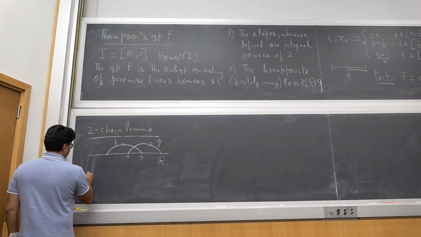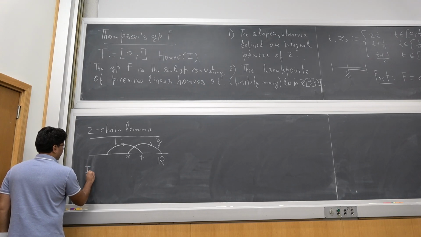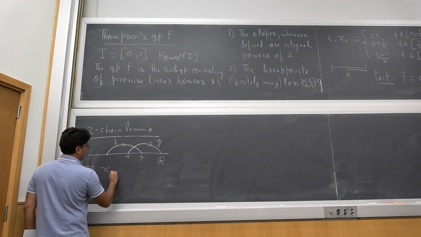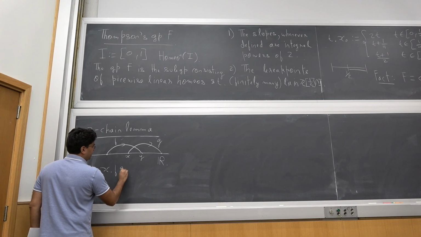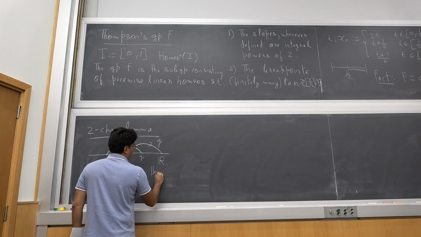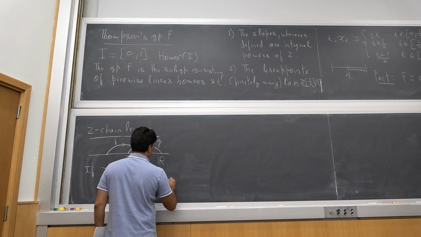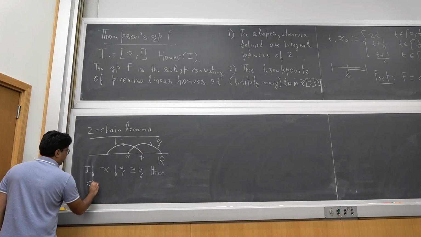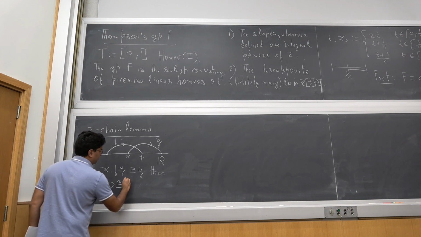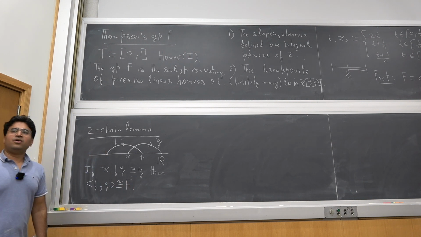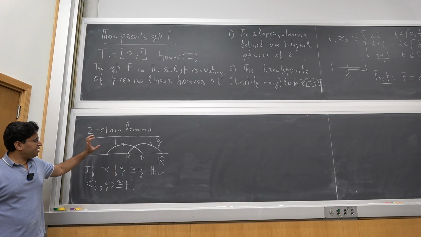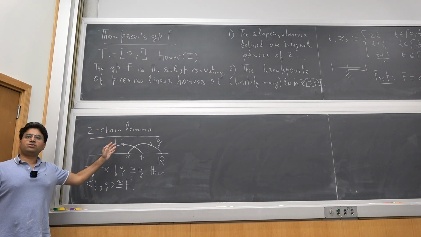Now, the lemma states the following. If the point x, when hit by f, followed by g, the image is at least y, then the group generated by f and g is isomorphic to Thompson's group F. Remember, I didn't specify precisely what these homeomorphisms are.